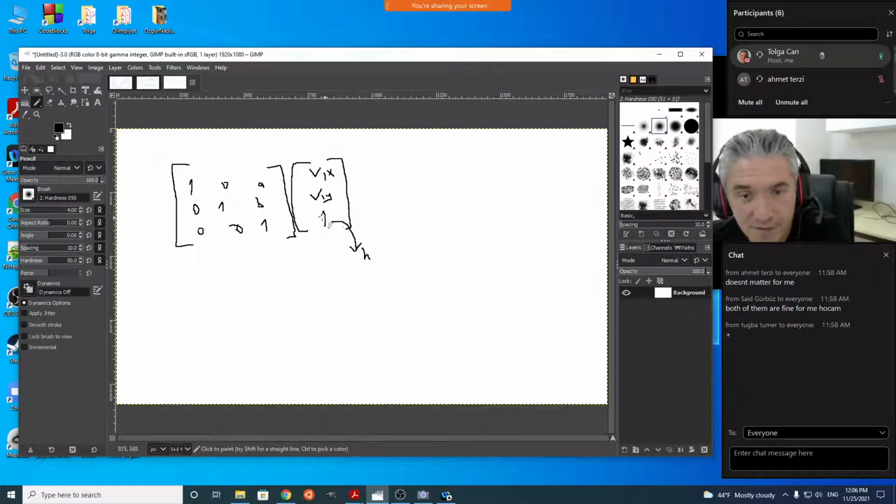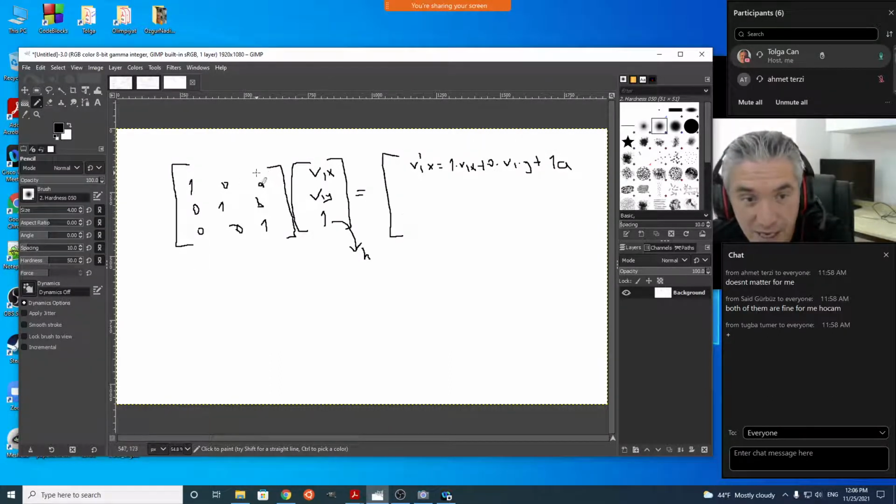By having 1 here, whatever we write here is going to be in our linear transformation. It's going to be that constant addition: v1 prime x is going to be equal to 1 times v1x plus 0 times v1y plus 1 times a, whatever that a is.